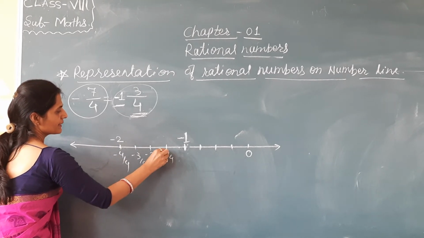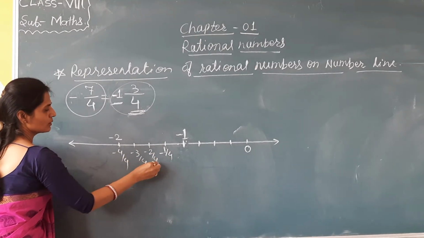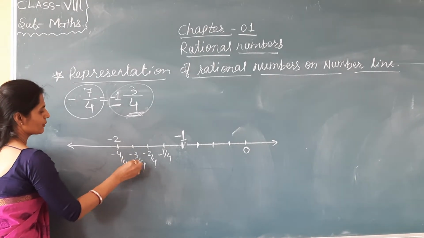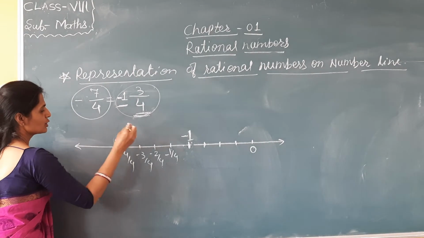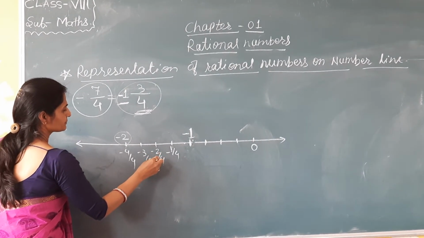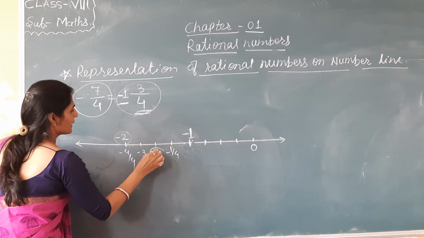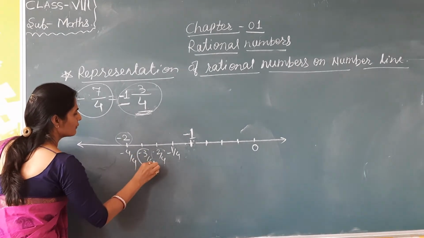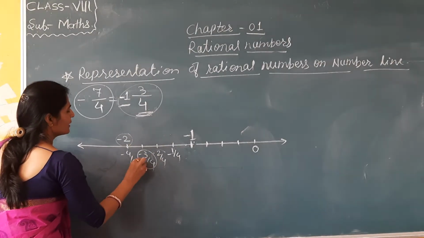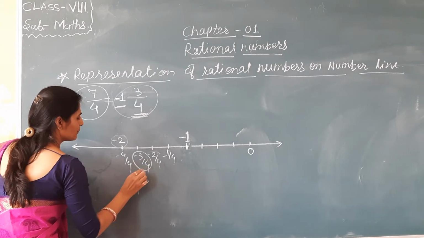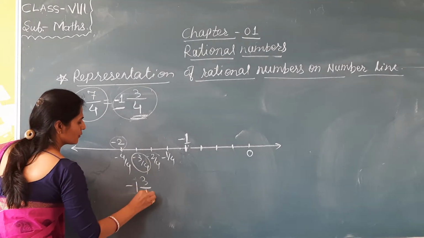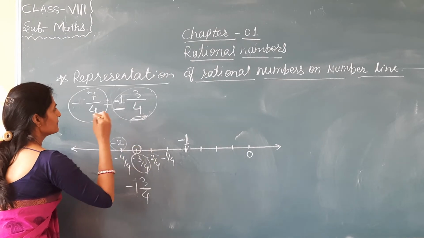That is -1 upon 4, -2 upon 4, -3 upon 4 and -4 upon 4 means it is -2. Then -3 upon 4 we have. So it is -1 whole 3 upon 4. This is the representation of it.